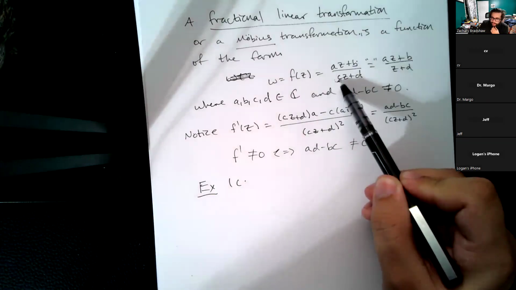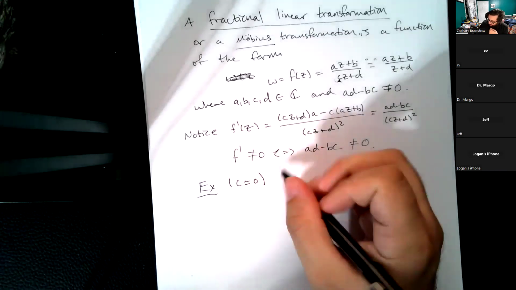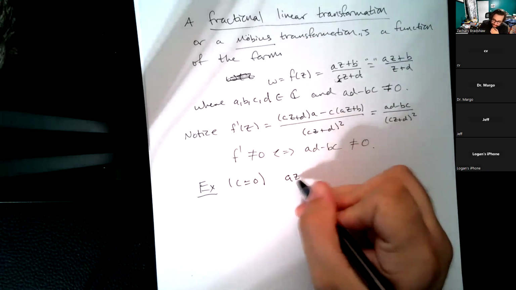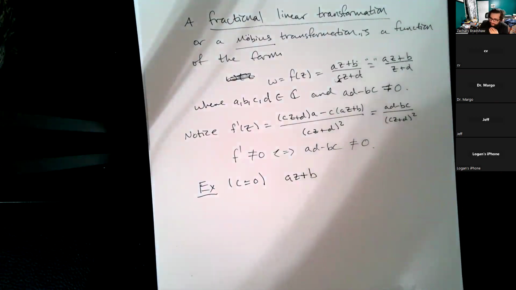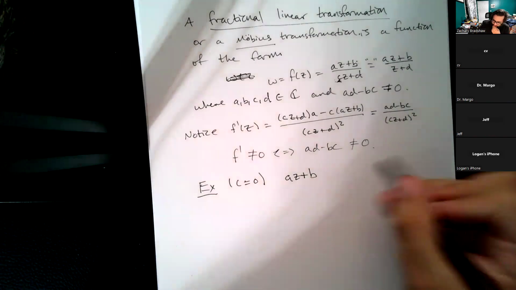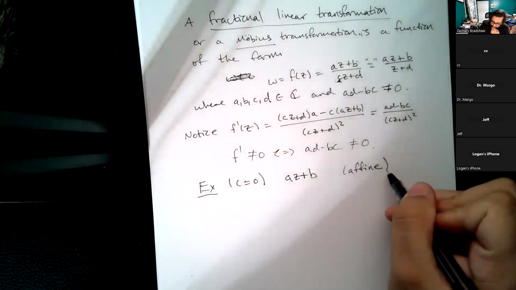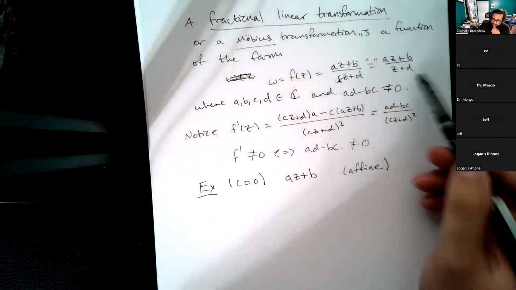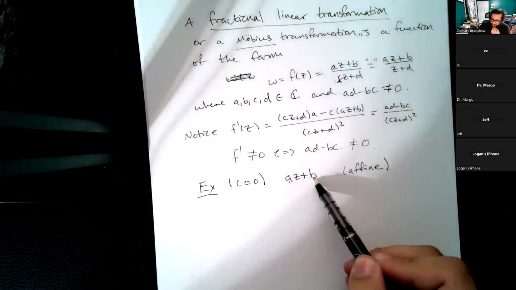When c is equal to 0, which is the case I'm about to talk about, this gives us an affine transformation. It gives us something of the form az plus b. And I have thrown away this extra d because, again, the d can be absorbed into these constants just by redefining them.